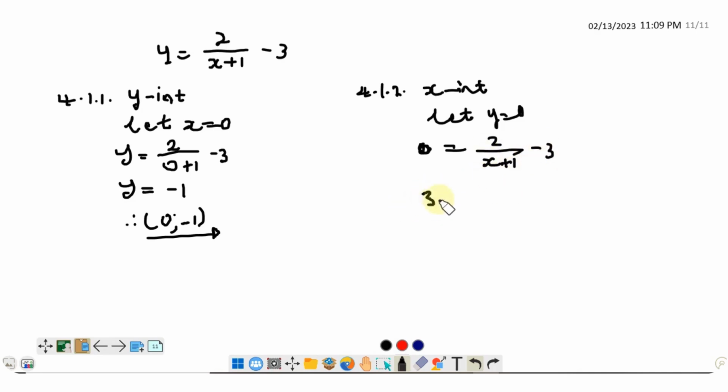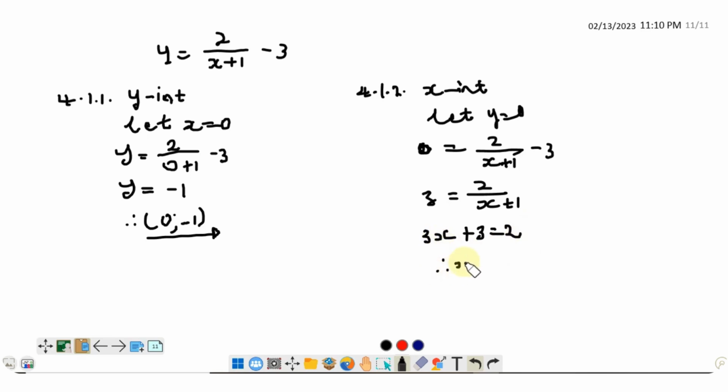This is the same as 3 equals 2 over x plus 1, so 3x plus 3 equals 2. Solving for x, 3 goes that side, 2 minus 3 is minus 1.